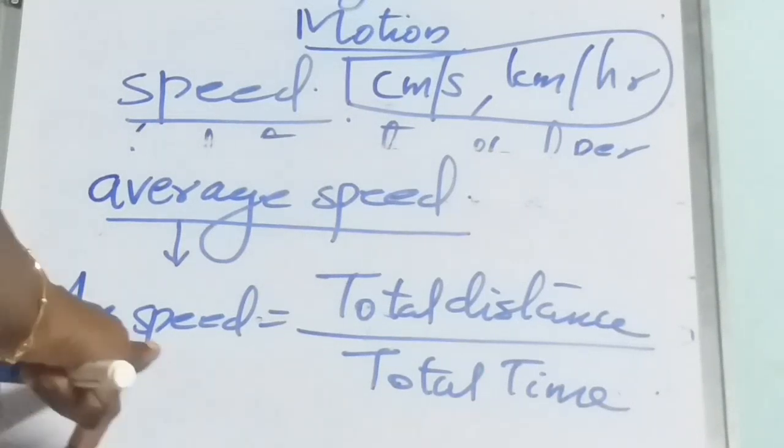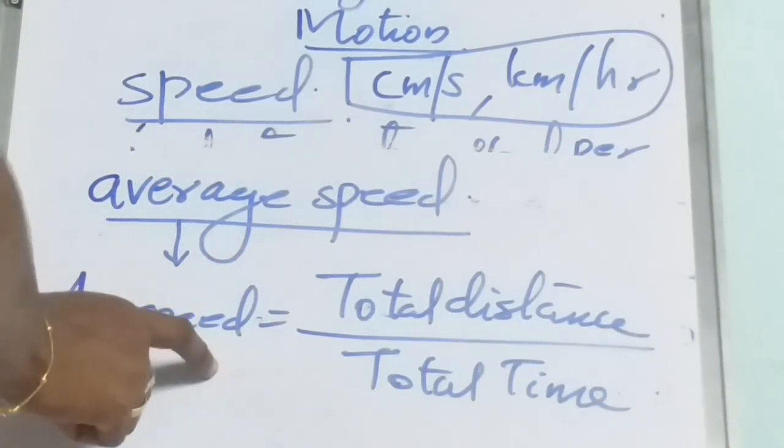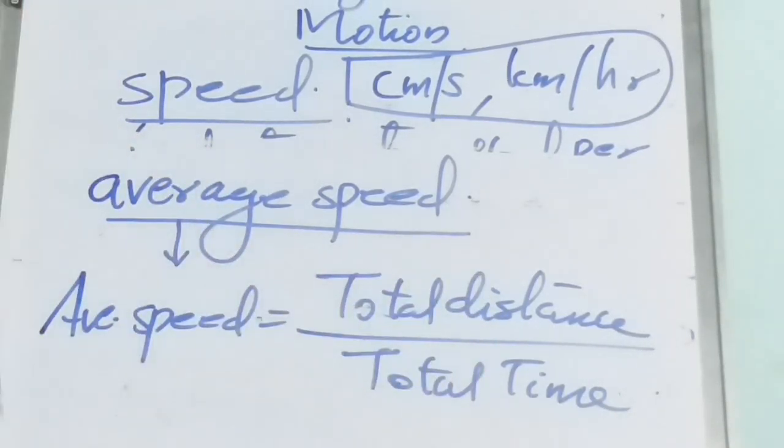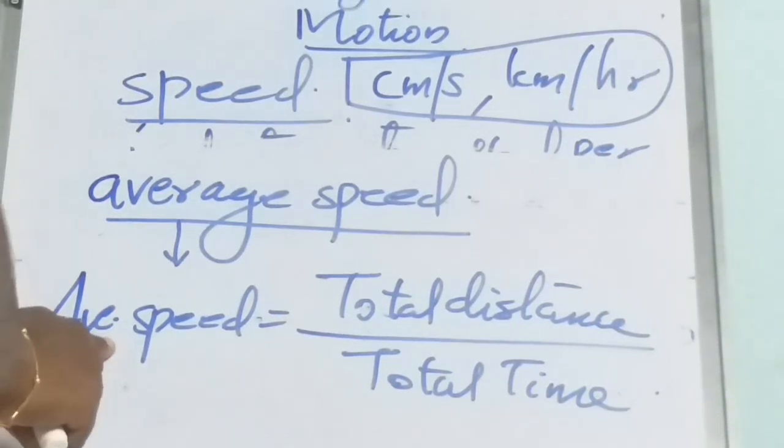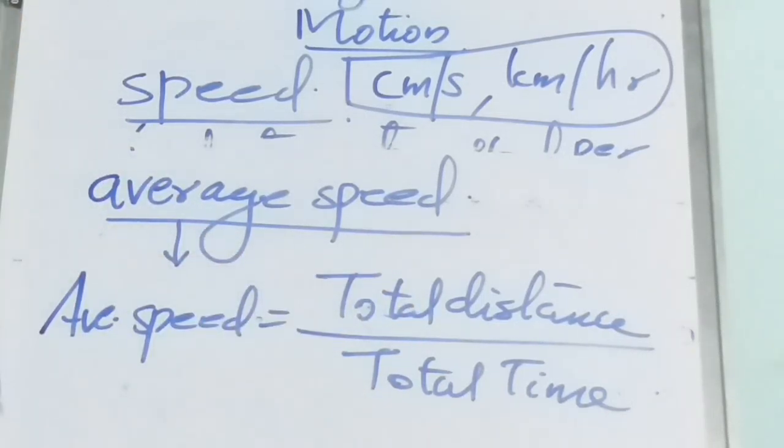So we can write average speed is equal to total distance travelled divided by total time taken.